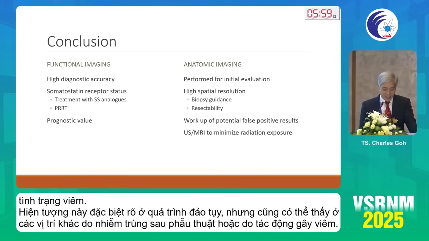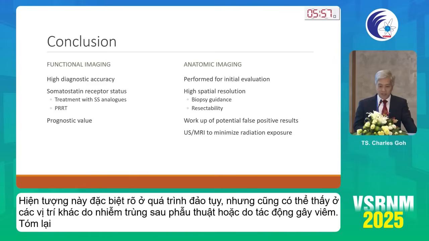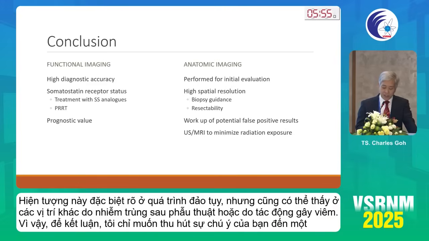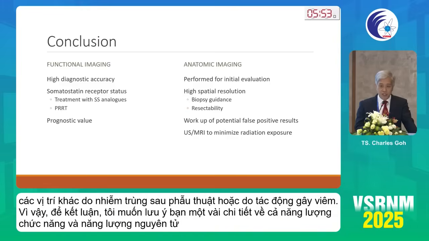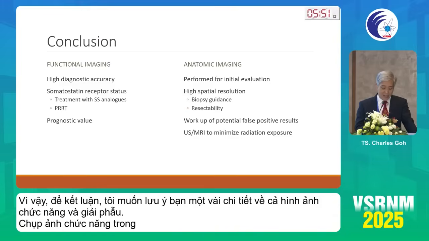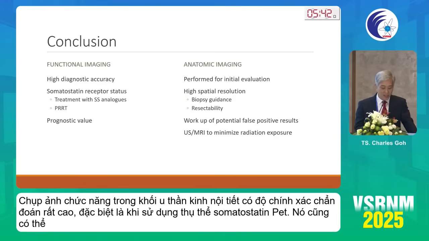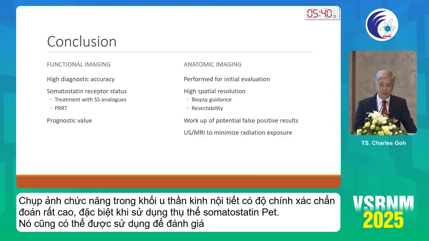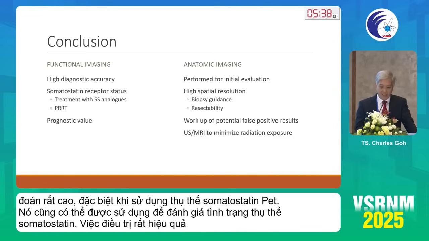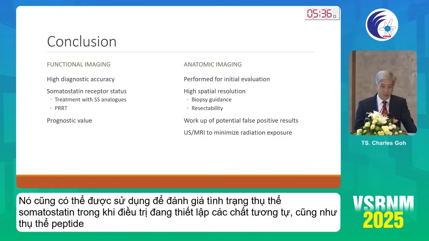So in conclusion, I would like to just bring your attention to a few details about both functional and anatomic imaging. Functional imaging in neuroendocrine tumors has a very high diagnostic accuracy, in particular with the use of somatostatin receptor PET. It can also be used to assess somatostatin receptor status, prior to treatment with somatostatin analogs as well as peptide receptor radionuclide therapy.